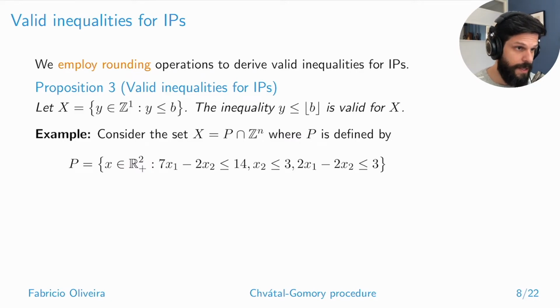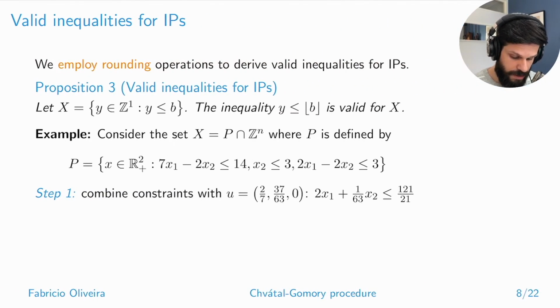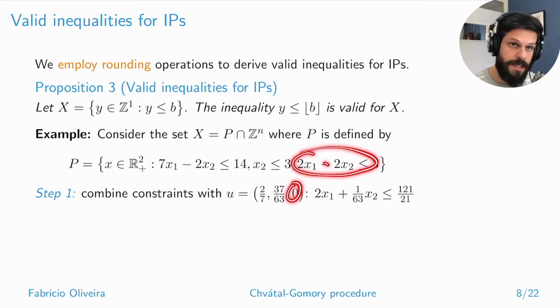So that being the case, let's apply what we just saw. First, I'm going to generate a valid inequality for P. And a valid inequality for P means finding a collection of non-negative multipliers that I can use to combine my constraints. And what combine means, again, is basically I get this number and multiply both sides here, this number multiply both sides here, this number multiply both sides there, and then I add them all.